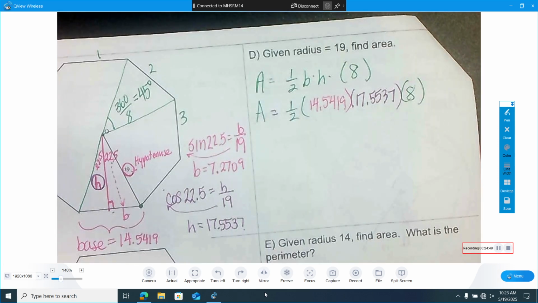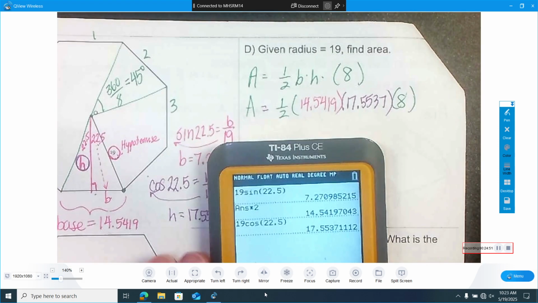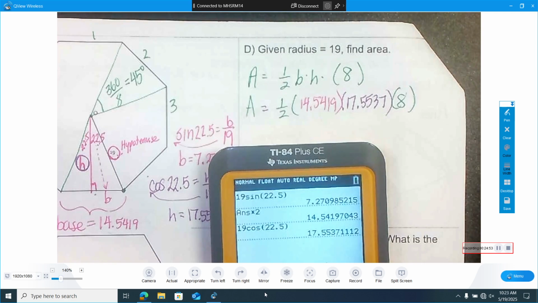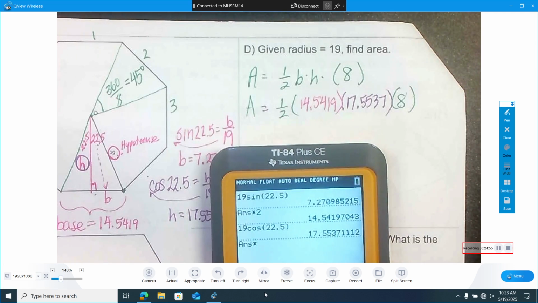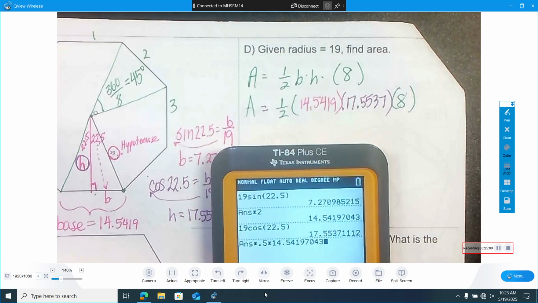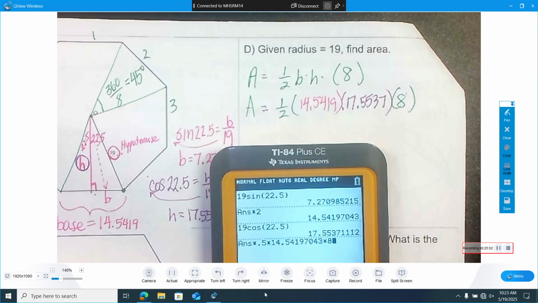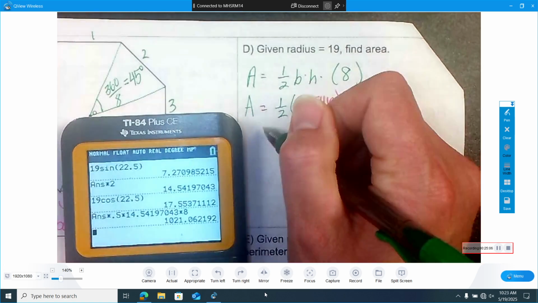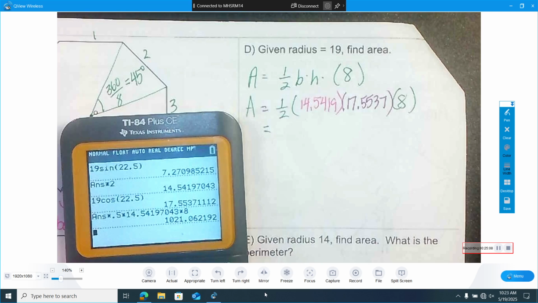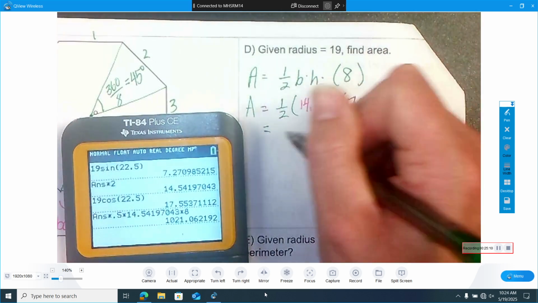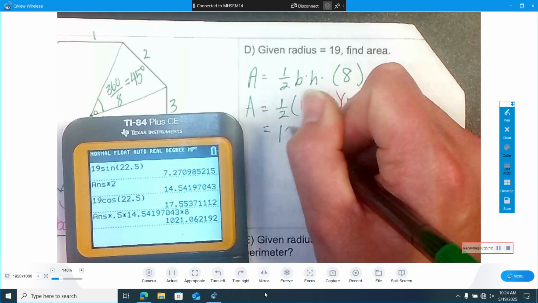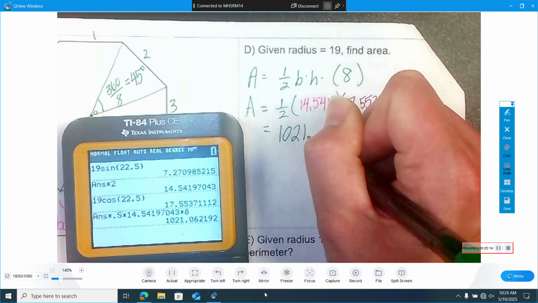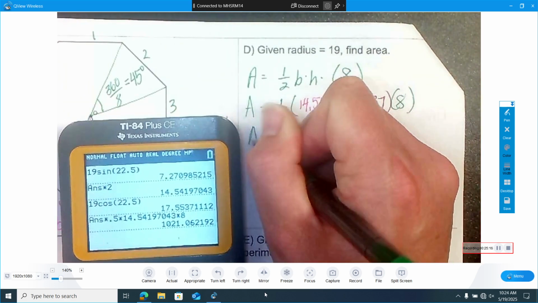So I can multiply all that together: 1/2 times the 17.5537, times the 14.5419, times 8. It's so nice, once upon a time we didn't have calculators that did this, so we just had to type everything in. You don't have to. So we get 1021.1 for the area.